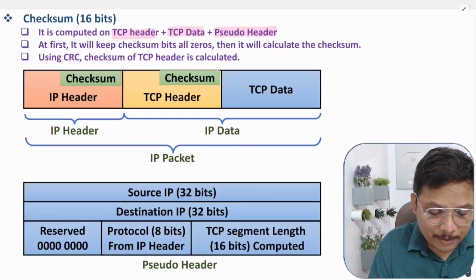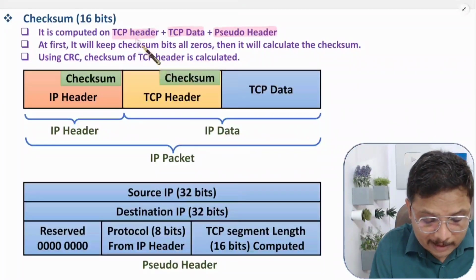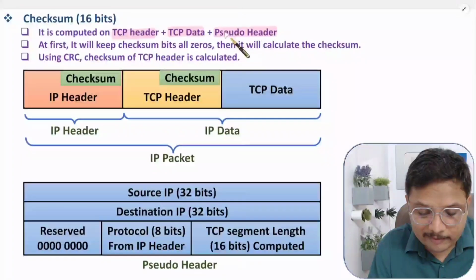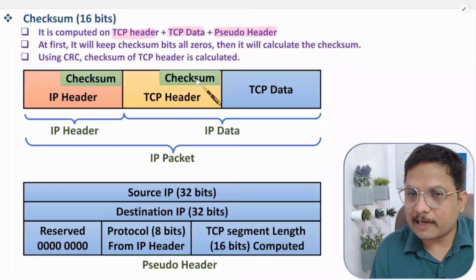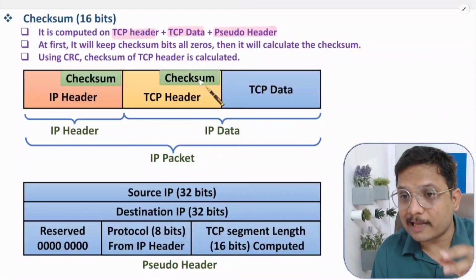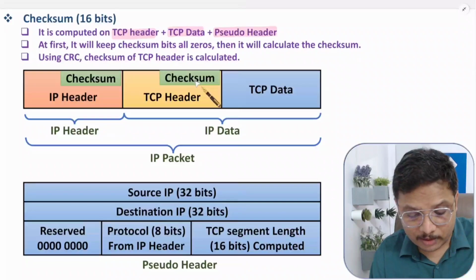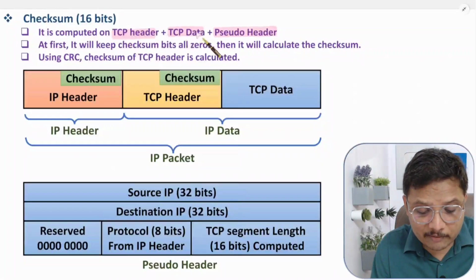It will keep the checksum as zeros first, then take the TCP header, then the TCP data, then the pseudo header, compute the checksum, and place it over here, right? That is how it computes it. So first it considers the checksum field as all zeros, those 16 bits. After that, it computes the checksum by considering these 3 fields.